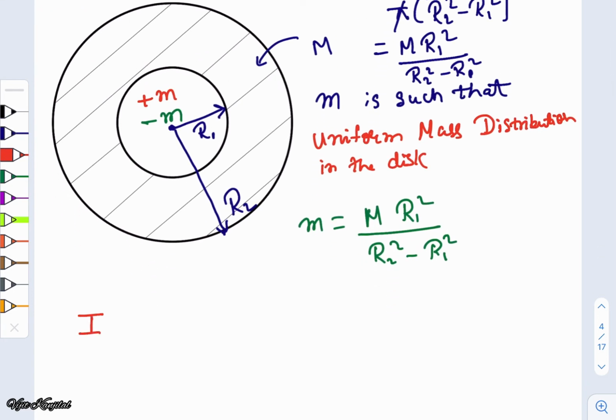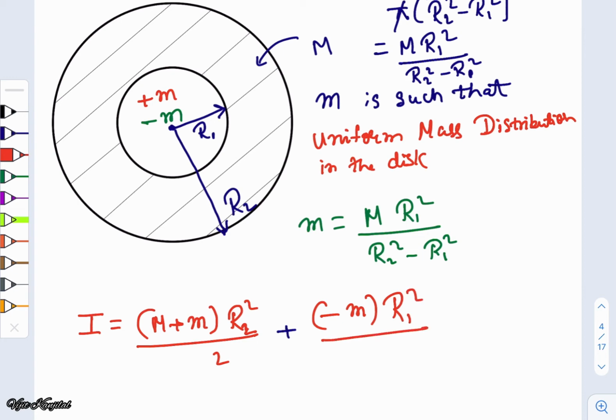I would be simply capital M plus small m, that is the total mass of the disk with no hole, that is formed by the combination of mass capital M and plus small m, times r2 square by 2, that is the moment of inertia of this disk with respect to an axis passing through the center of the disk and perpendicular to the plane of the screen, plus minus small m r1 square by 2.